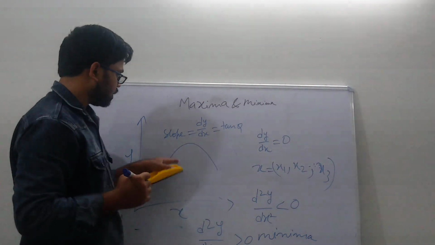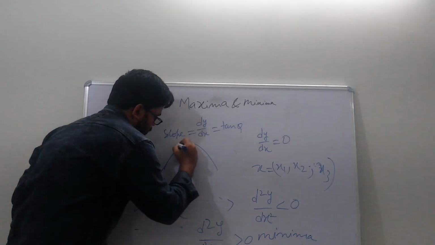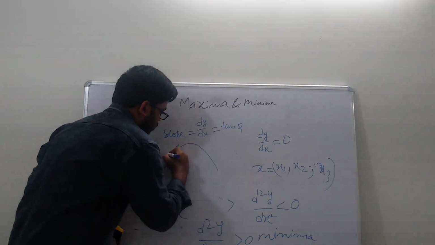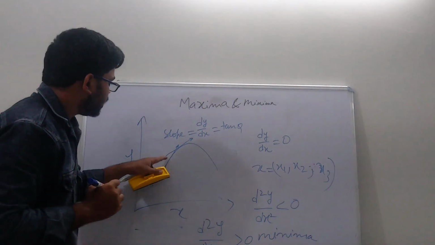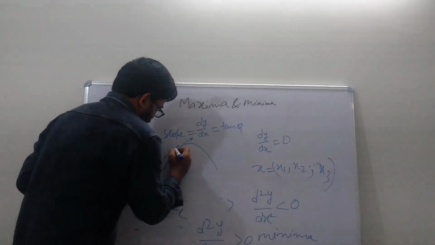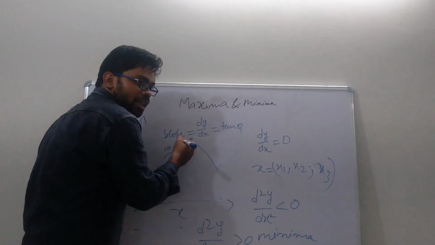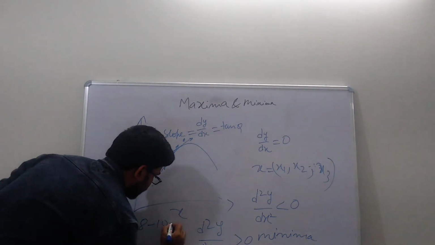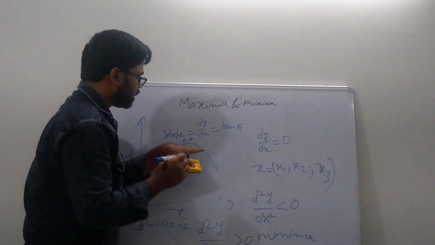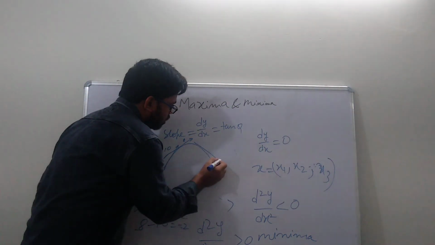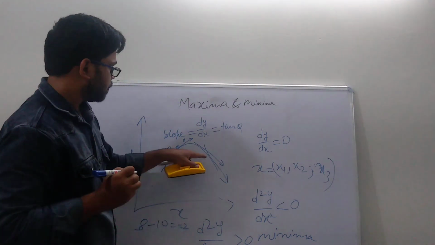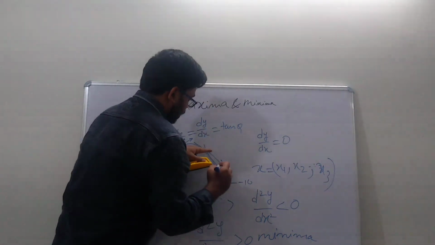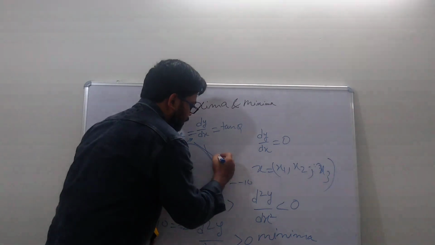Here, let's suppose this is some slope, you can take any random value, and this is also some slope. If we take the difference of slopes, suppose this slope is 10 and this one is something less, we can take it as 8, then 8 minus 10 we get minus 2. Similarly, on this side, this has a high negative value, we can take minus 10, and this one minus 8.